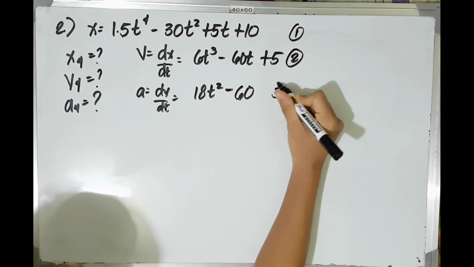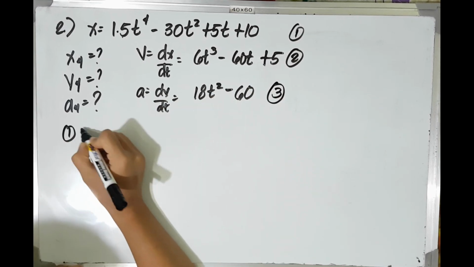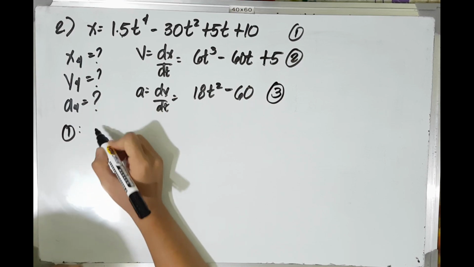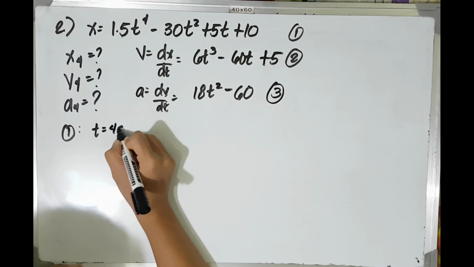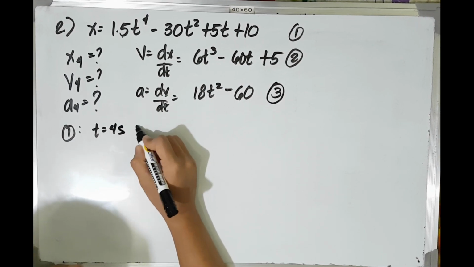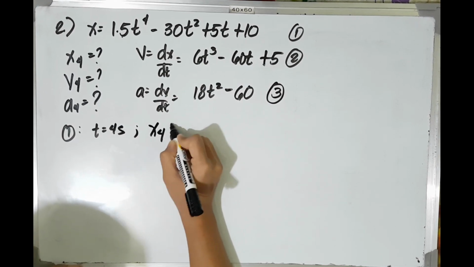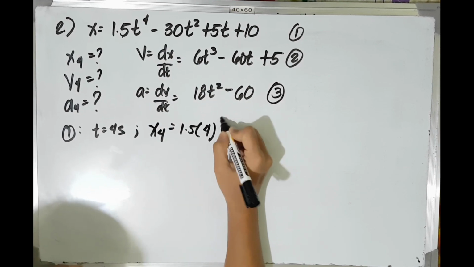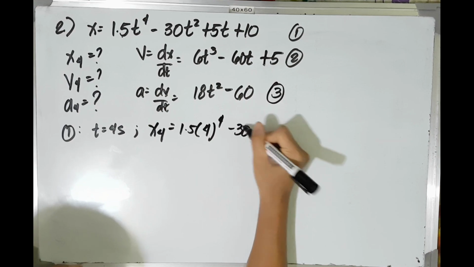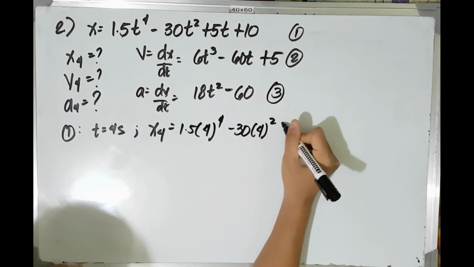So for equation 1, to locate the position, substitute t with 4 seconds. 1.5 multiplied by 4 raised to 4 minus 30 of 4 squared plus 5 multiplied by 4 plus 10.